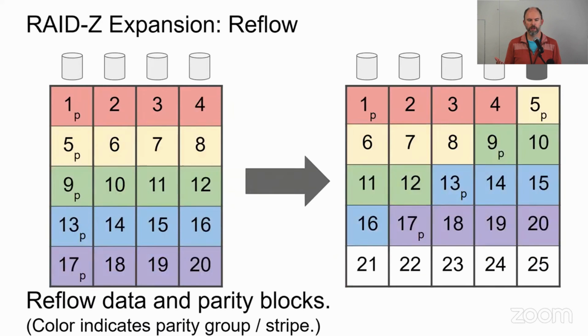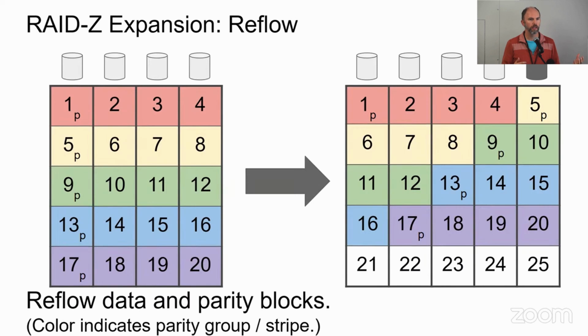And we have to do the same thing with RaidZ. We have to move all the data around, but the way that we handle the parity is very different because the way that RaidZ handles the parity is very different. With RaidZ, as I alluded to before, the parity is included in the allocation. So more layers of ZFS know about that parity. And so what we're doing with RaidZ is moving all of the sectors, including the data and the parity.